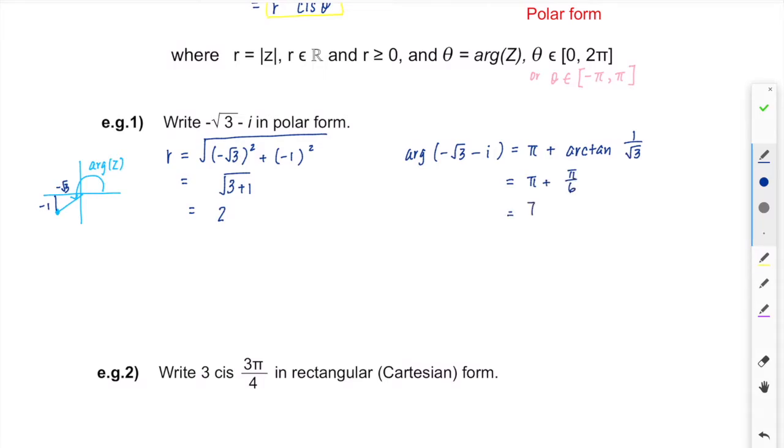And so 7 pi over 6 is the argument of the complex number negative root 3 minus i. So putting this together, negative root 3 minus i is 2 cis 7 pi over 6, just like that.